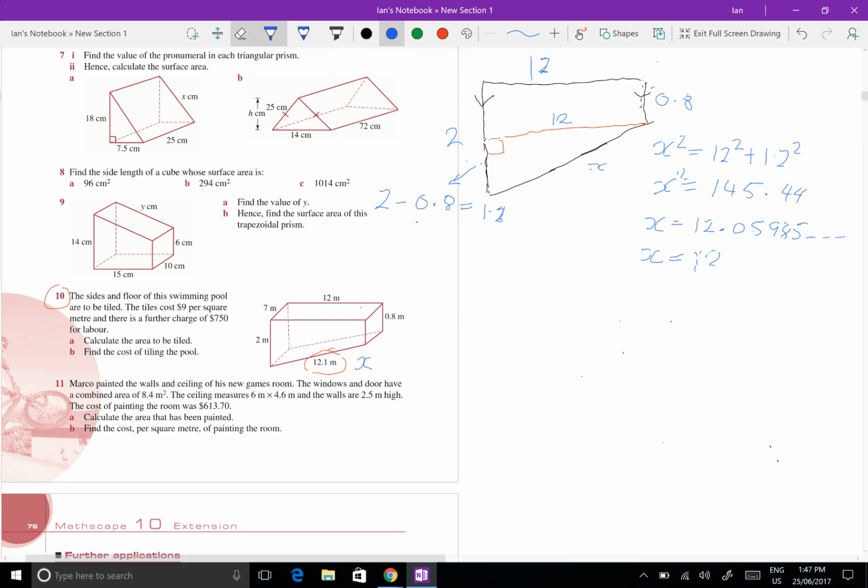That's pretty messy, which is what they've given in the diagram.